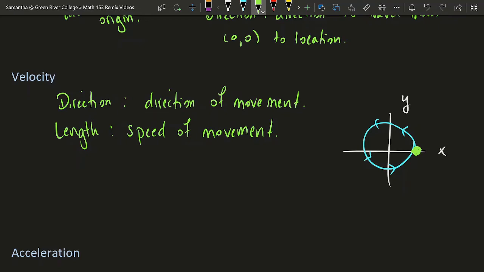It is traveling for that short moment straight upward. And the length of that green vector that I draw straight upward to capture the direction of movement at that instant, the length of that vector would capture the object's speed. So the velocity vector tells you how fast the object is moving and in what direction the object is moving.